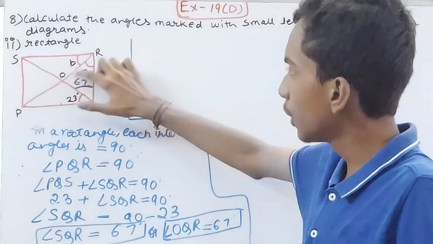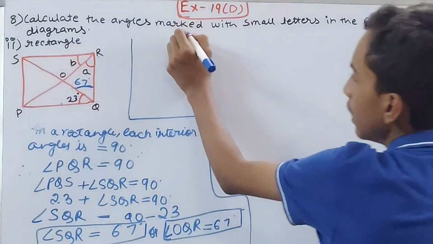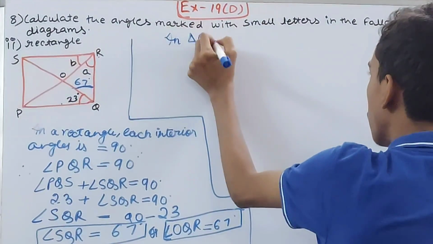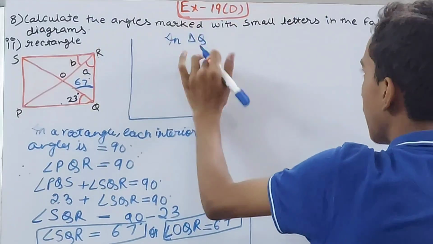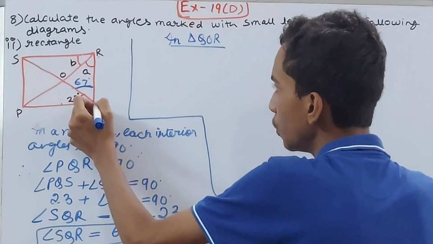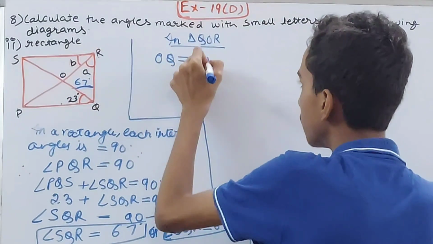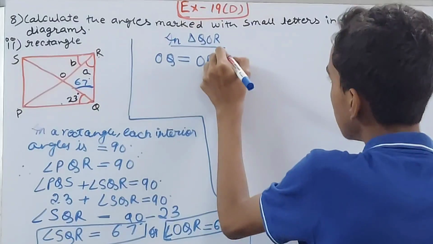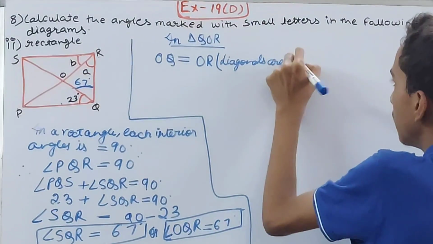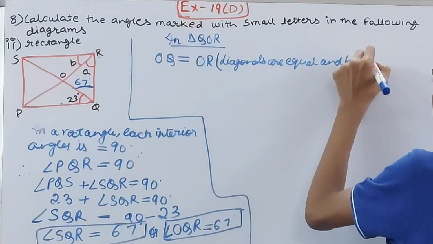triangle QOR. So look, in triangle QOR, fine, OQ will be equal to OR. Why? Because diagonals are equal and bisect each other.